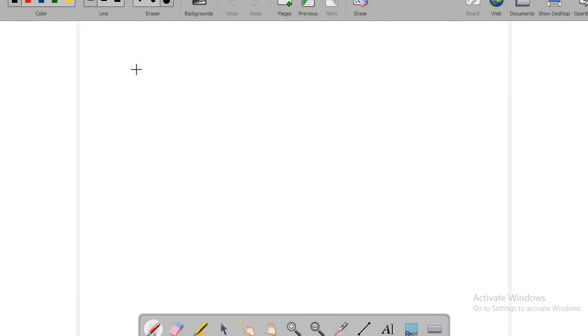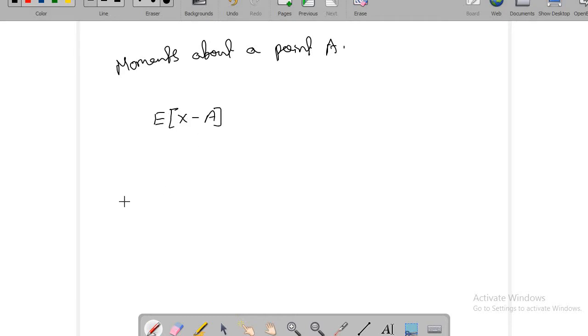And similarly we define moments about a point. It means instead of taking the mean, this time we'll take expected value of x minus a. So this is what we call first moment about a. Similarly, the expected value of x minus a whole square, the second moment about a.